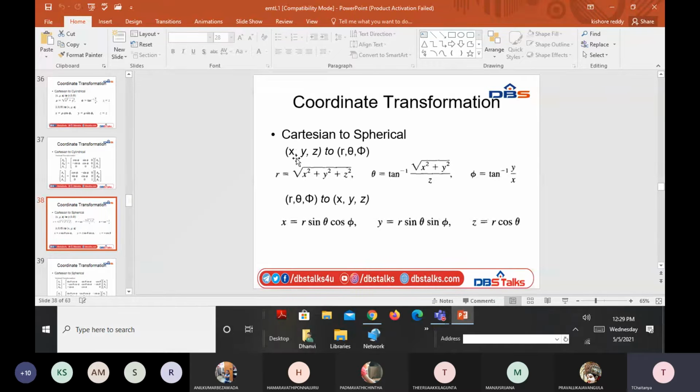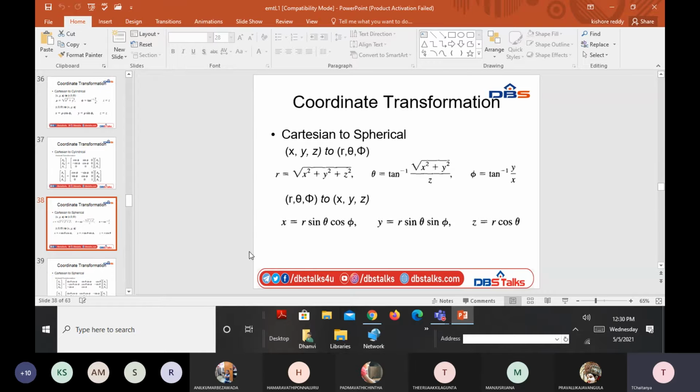So this is the conversion from Cartesian x comma y comma z to r comma theta comma phi, and vice versa we can see r comma theta comma phi to x comma y comma z. In such a case, you know the value of r, theta, as well as phi.